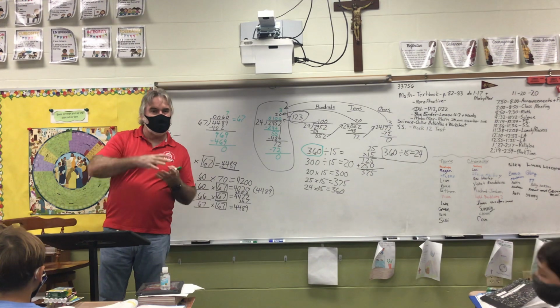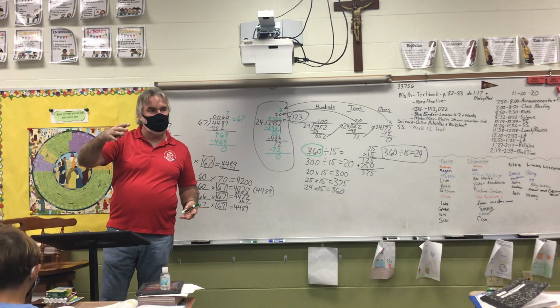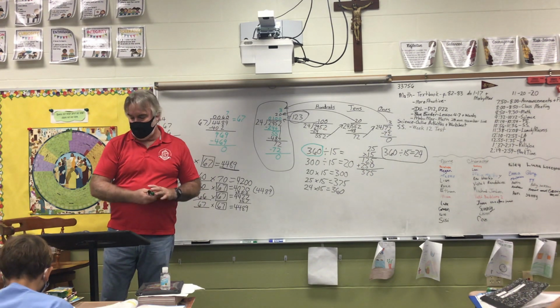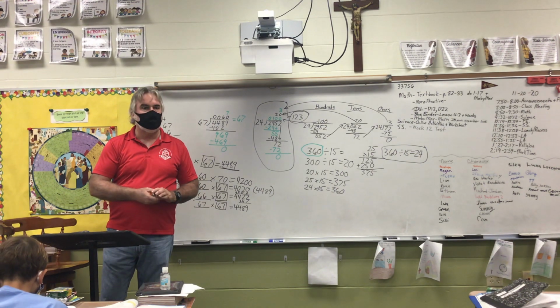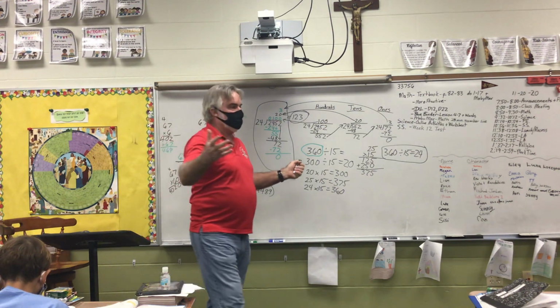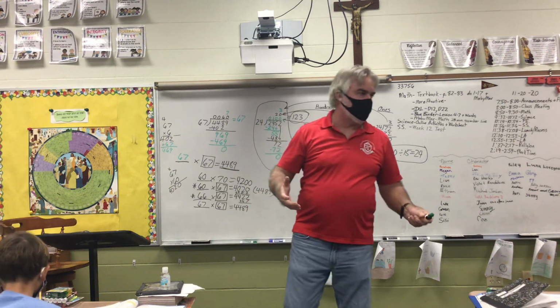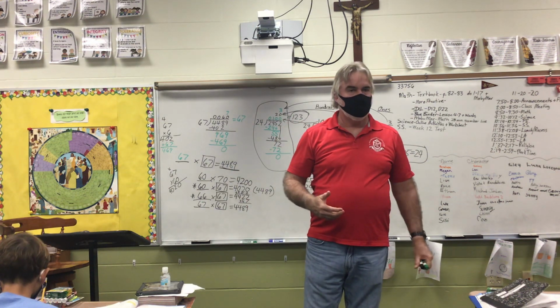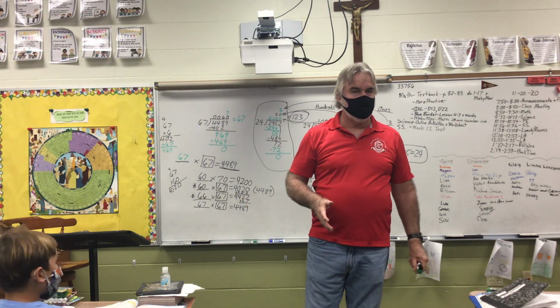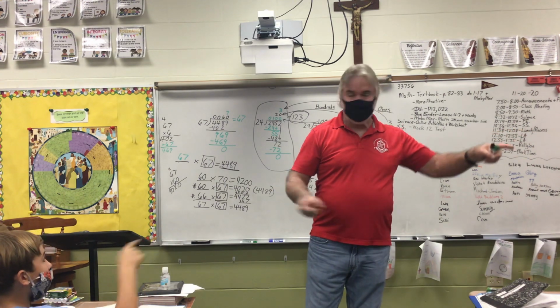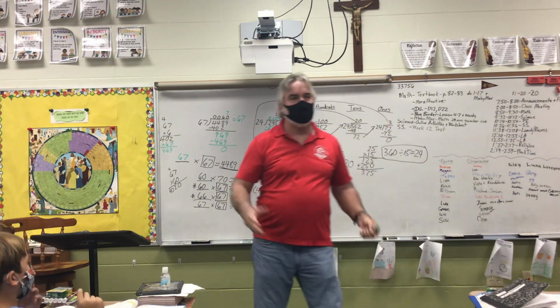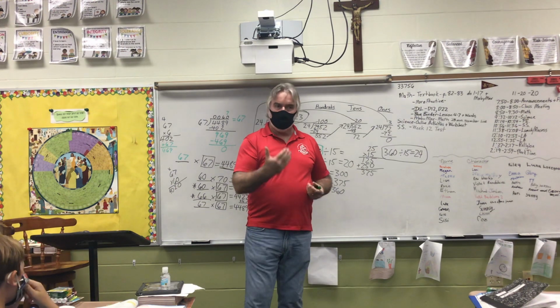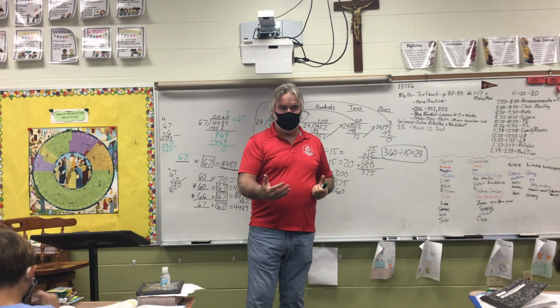It's a longer strategy, but you're going to find out that it gets there. Now, here's another great big huge hint that I gave you last time. Guess what? There's no remainder. Yay! So all of these are going to go in evenly.